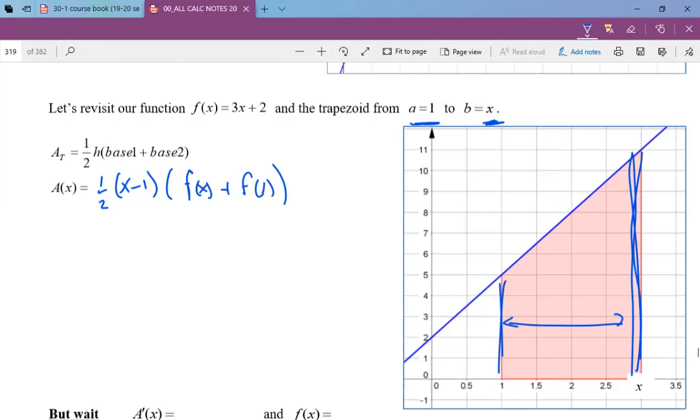If we follow this through, it ends up being 1/2 times (x minus 1) times f of x, which is 3x plus 2, that's our function, plus f at 1. When we plug 1 in for x, f at 1 is 5. All of this together is 1/2 (x minus 1)(3x plus 7).